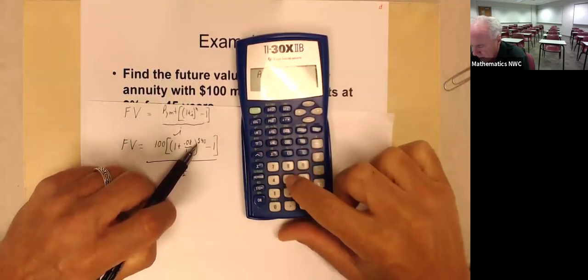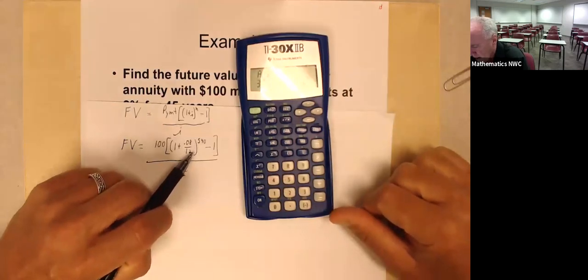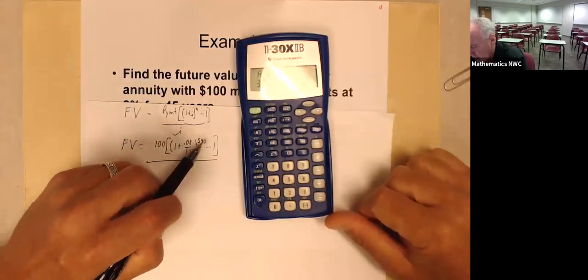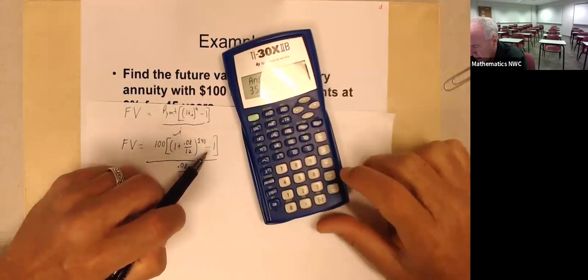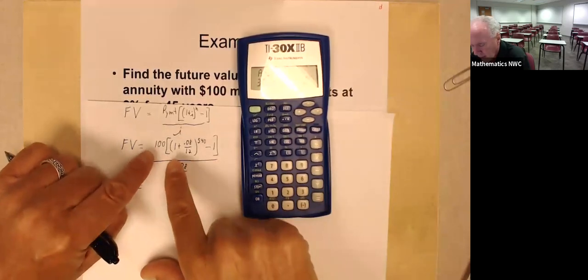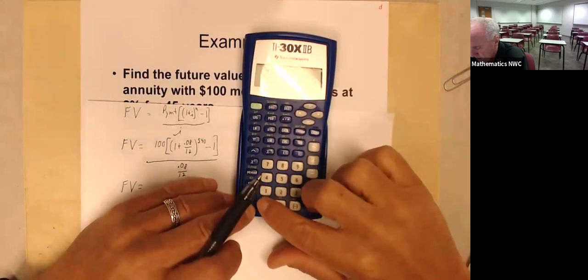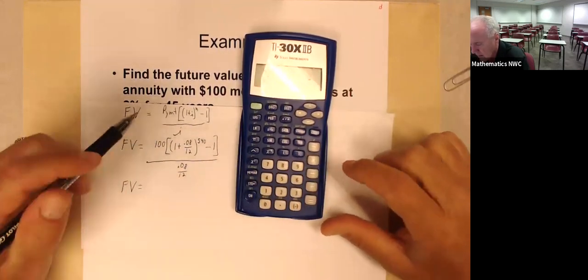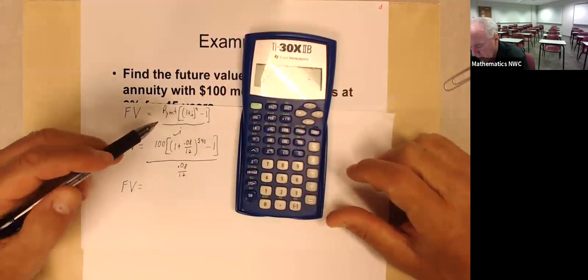So exponent 540, enter. That gave me that whole expression. Then I need to subtract 1, enter. That gives me the whole brackets. That has to be taken times 100. Enter. That's the entire numerator now, okay?